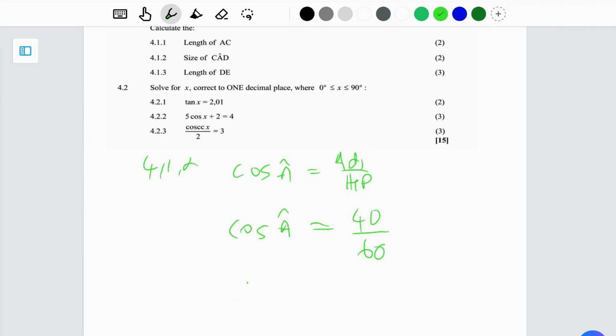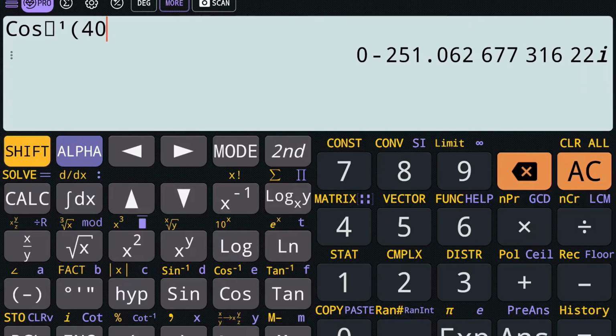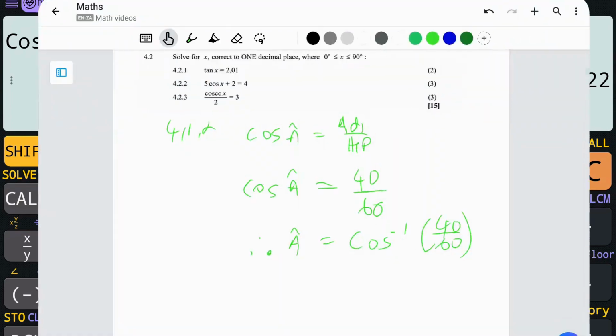Therefore we're going to shift cos, so A equals cos to the minus 1 of 40 over 60. We're going to put that into our calculators: shift cos 40 over 60, and as you can see there, that little angle on the inside is 48.2 degrees, rounded off to 1 decimal place.